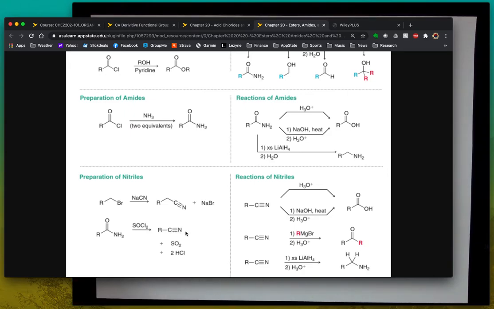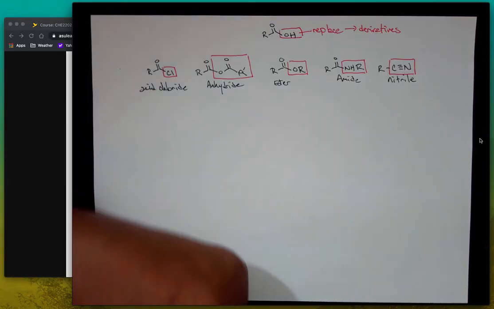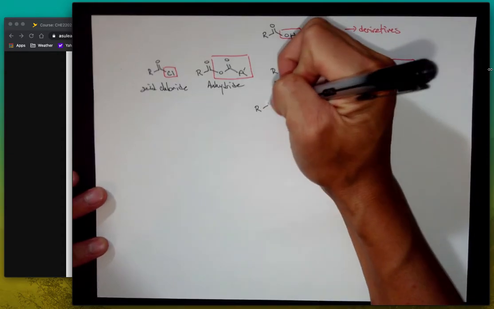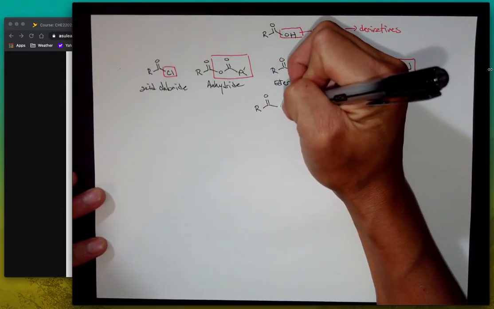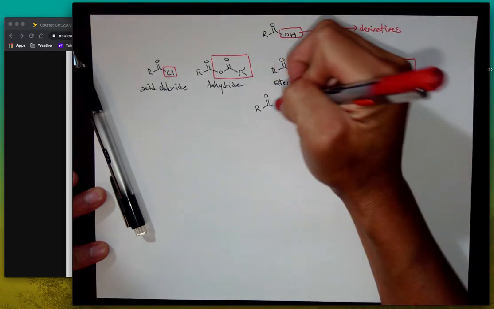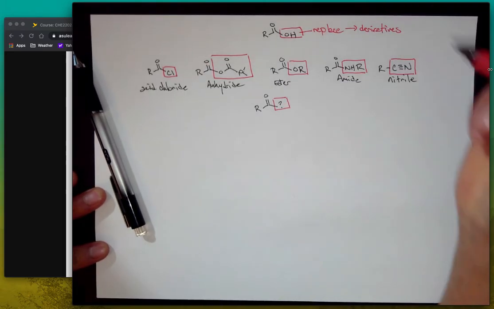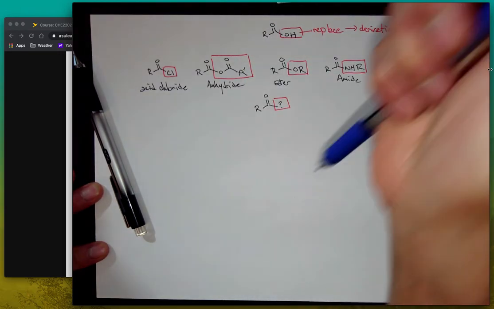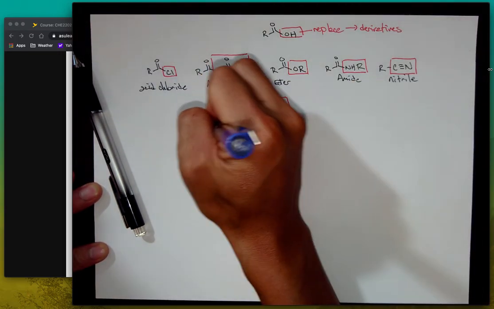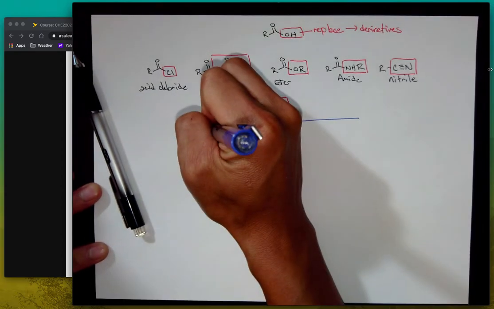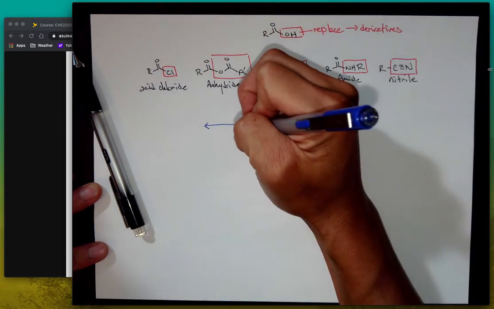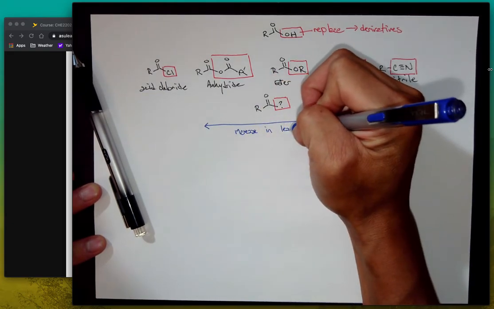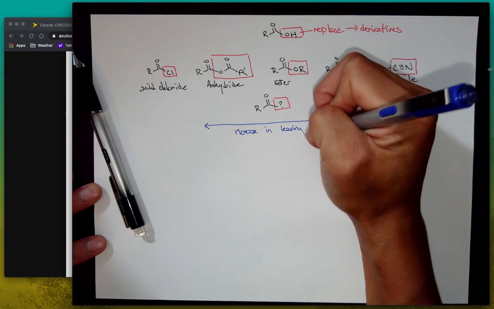Well, it turns out if we critically look at the species that are attached, so if we critically look at the things that are attached at this position right here, with this question mark, you would notice that as we progress from right to left, we start seeing an increase in leaving group ability.